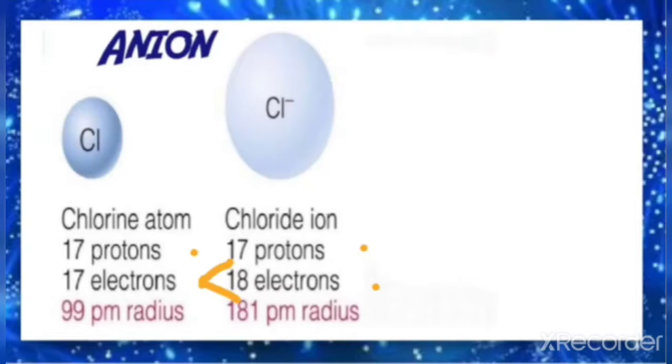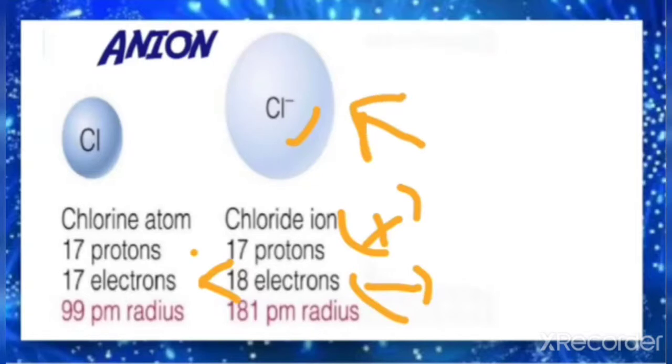So when you compare the nuclear charge with respect to the electrons, it is less effective in the chloride ion, because compared to the positive charge, the negative charge is greater in the chloride ion.